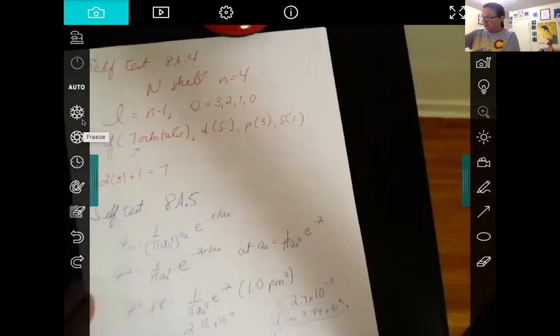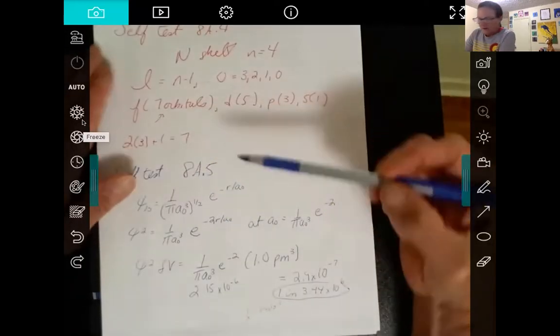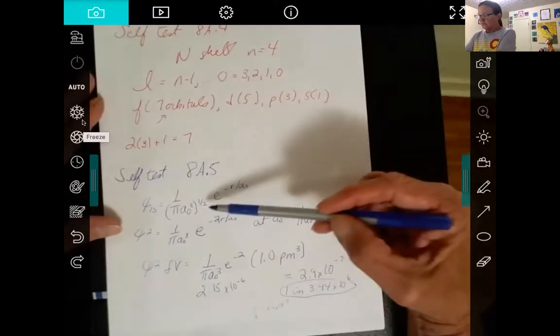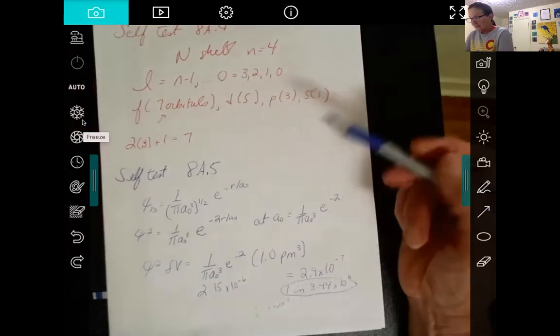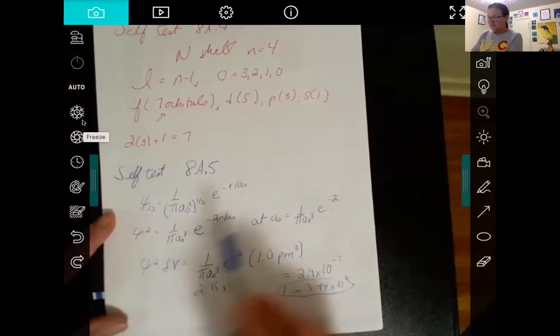The wave function for the 1s orbital, they gave us, is 1 over pi a0 cubed, to the 1/2 power, and then e to the minus r over a0. If we want to know the probability, the wave function squared, when we're at a0, we set r equal to a0, so r over a0 is 1.